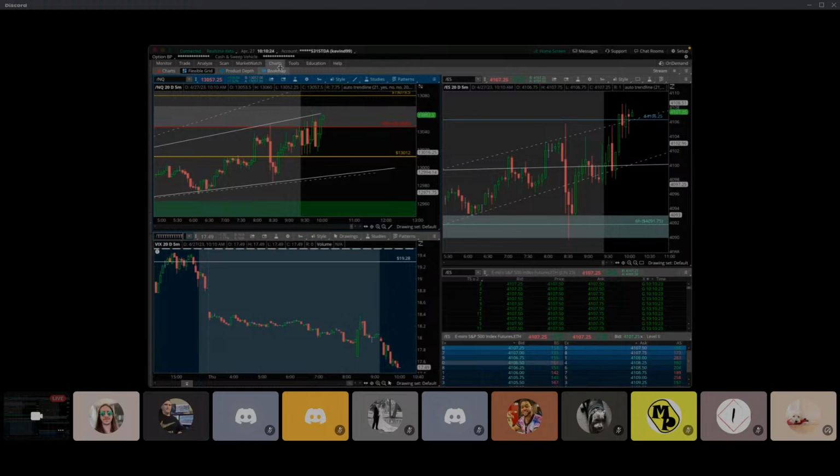So there's that overlap zone, that darker gray area that I have there, that we've tested now twice. We tested it in pre-market, tested it in the open, and then we chewed through it after testing it the third time, and now we're testing it for support. It's a thin zone, like 28 cents wide.